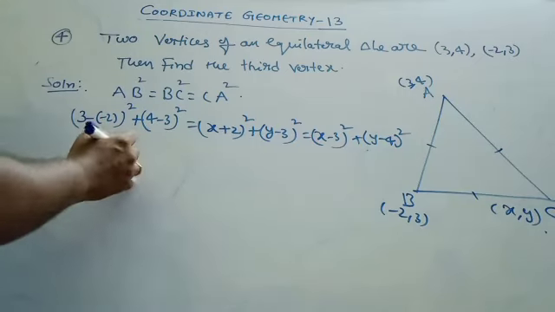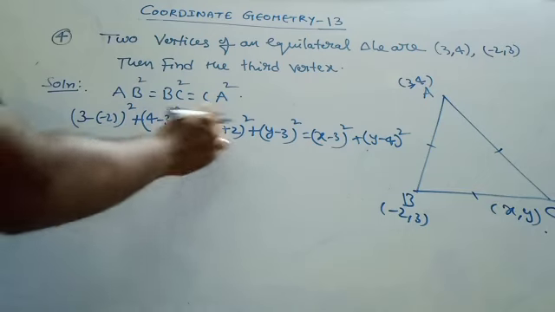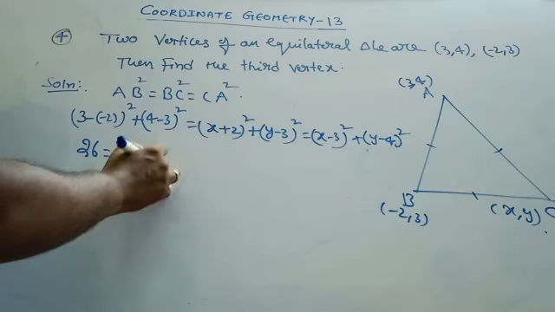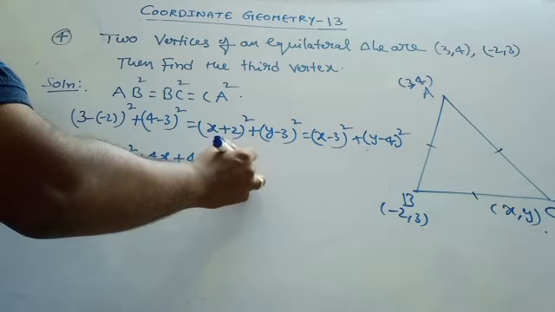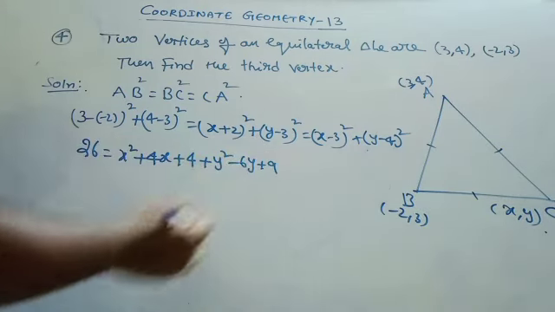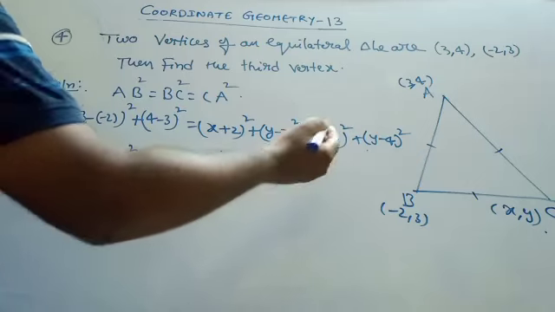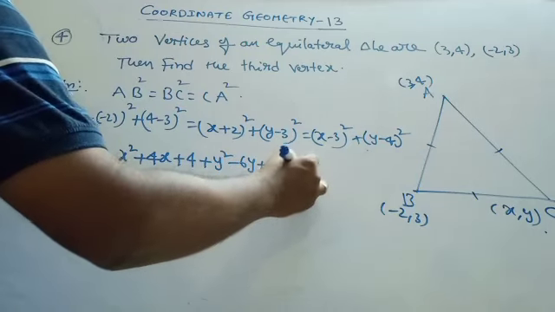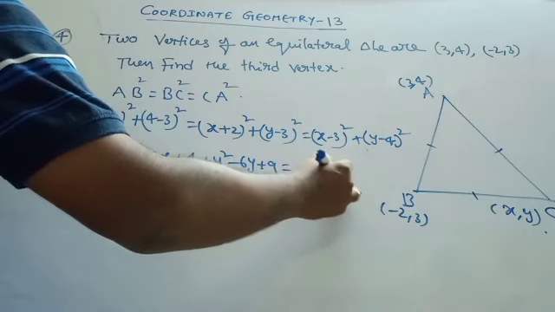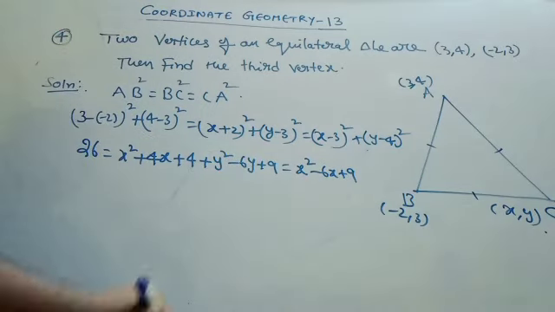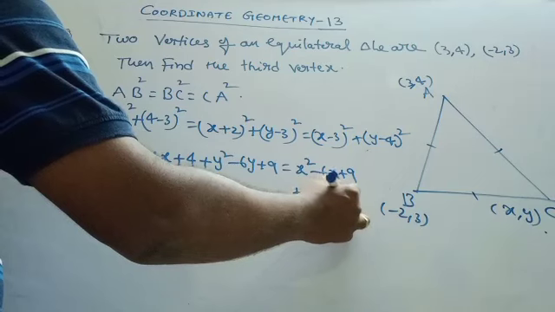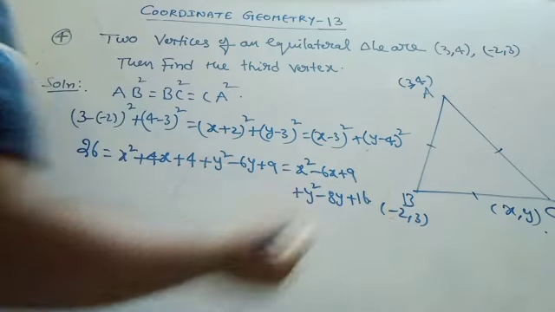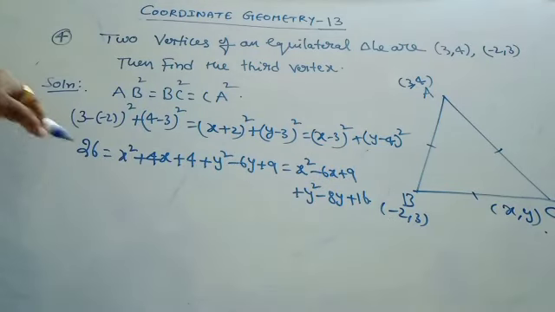And this is nothing but x² + 4x + 4 and y² − 6y + 9, that is equal to x² − 6x + 9 plus y² − 8y + 16. These are the equations we have got.